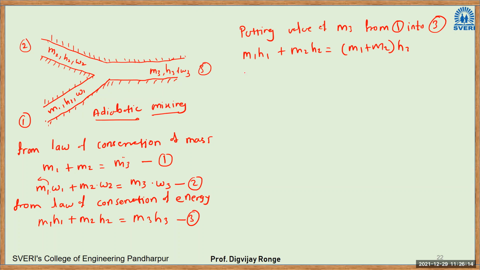Or I can write this as M1 H1 plus M2 H2 will be equal to M1 H3 plus M2 H3. Now I will take the M1 terms on LHS, M2 terms on RHS. So this will look like M1 H1 minus M1 H3 equal to M2 H3 minus M2 H2.